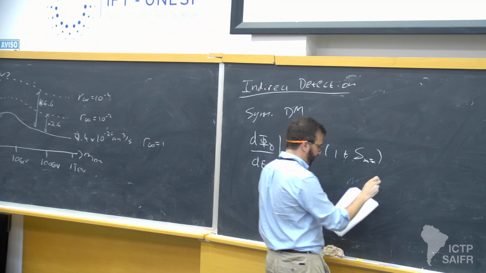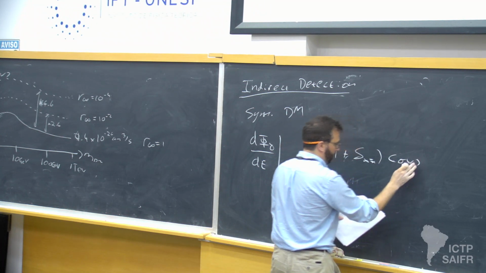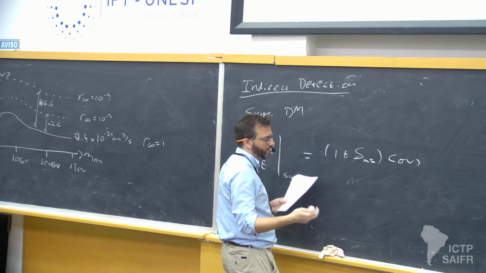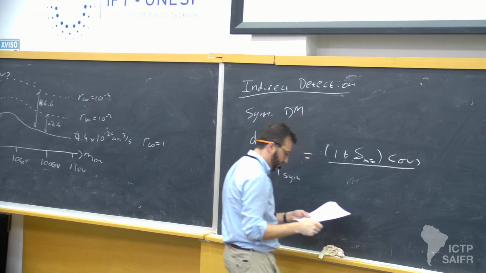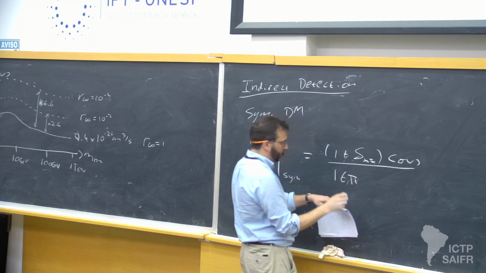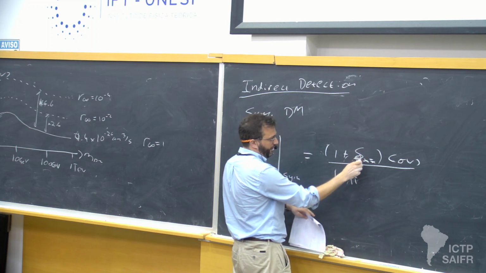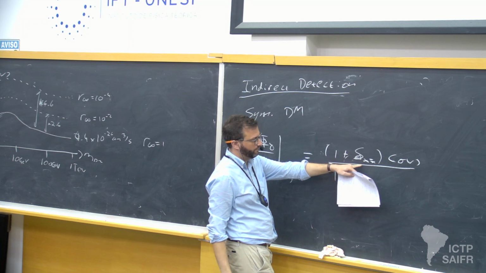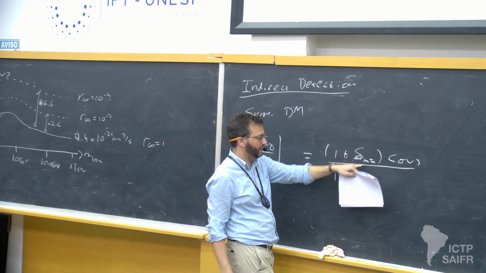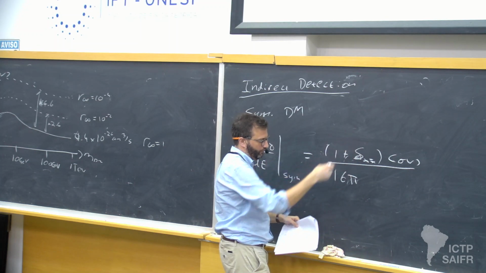So the flux you expect depends on the cross-section at the velocity of the dark matter in the object you're observing today, rather than the velocity at freeze out. There's a statistical factor depending on whether x is equal to x bar. If x is equal to x bar, you get an overall factor of 2 here.